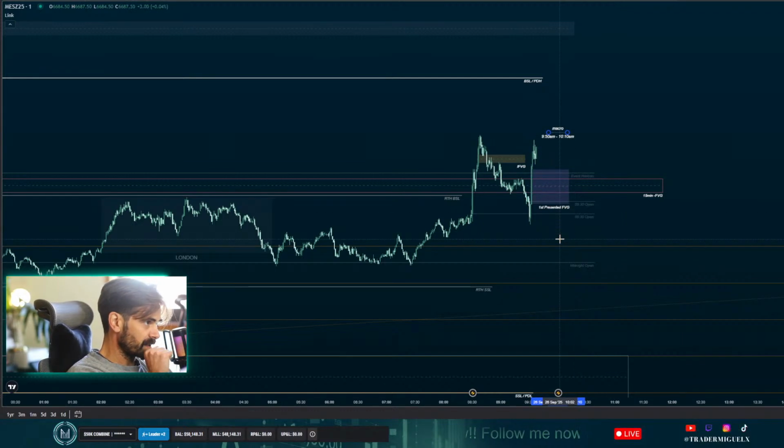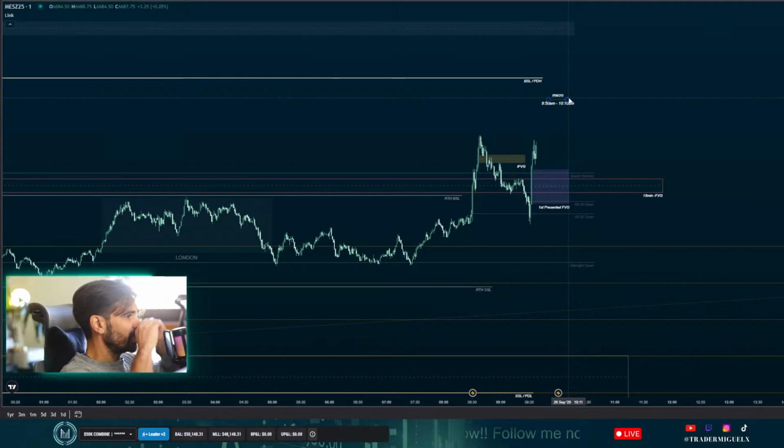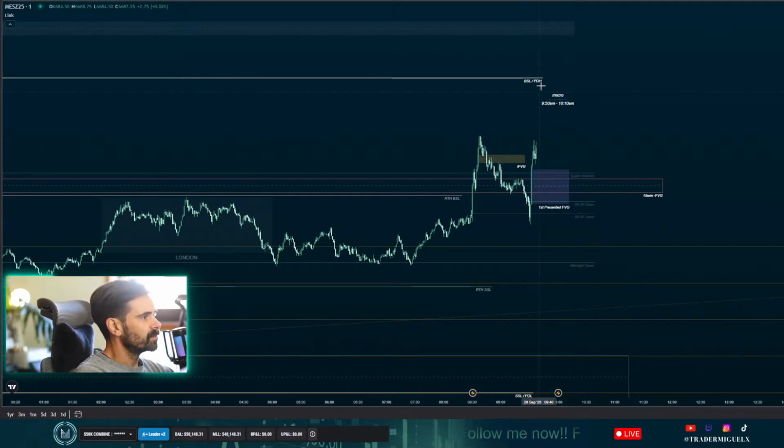It would be interesting to see price coming straight up to the previous day high, and then as soon as we get into the 9:50 macro, it starts to show us some signs of reversal after taking this buy side liquidity. But right now, I will wait for it.